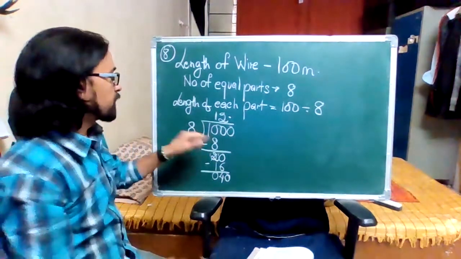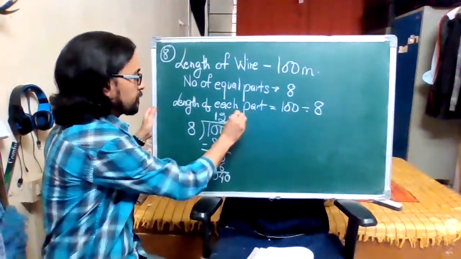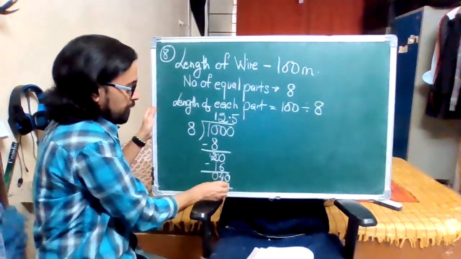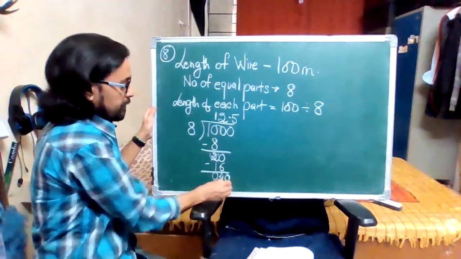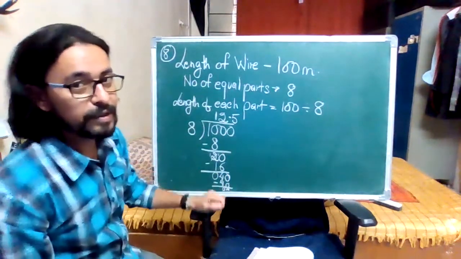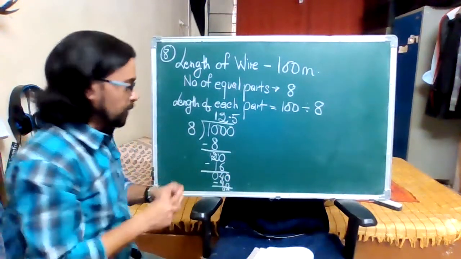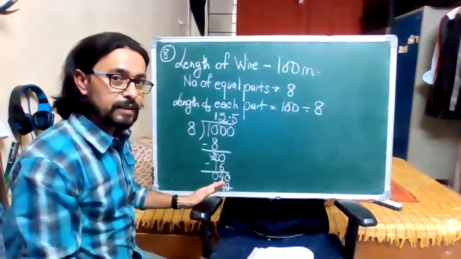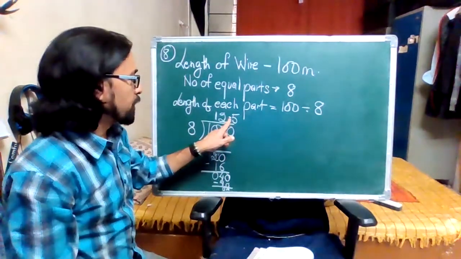And now we all know that 8 5s are 40. Remainder, nothing. The entire thing has been divided completely. Remember, when I am left with a remainder, I cannot divide any further. In my quotient, I put a point.